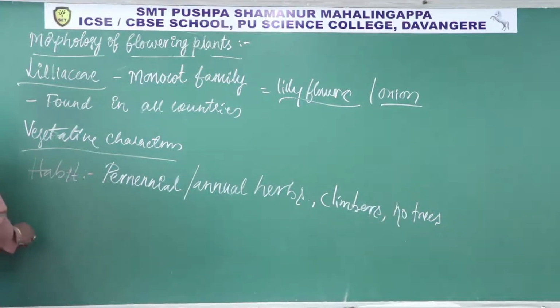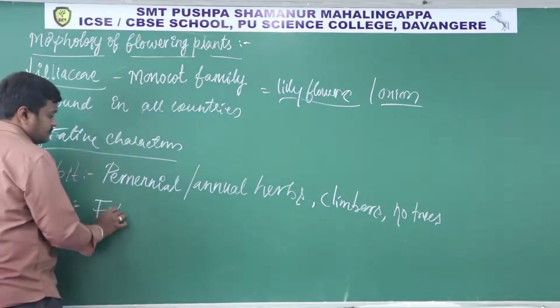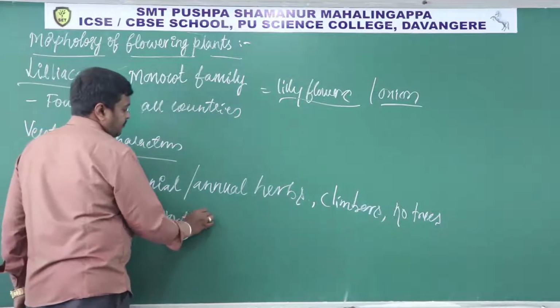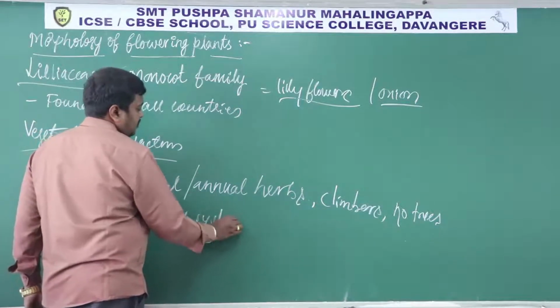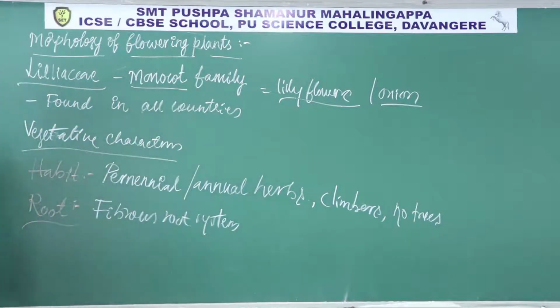Then come to the root character. The root is fibrous. As you know, it belongs to the monocots, so all monocots have a fibrous root system.